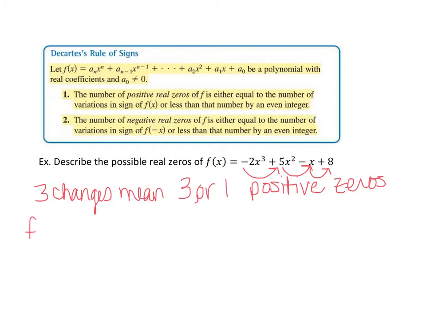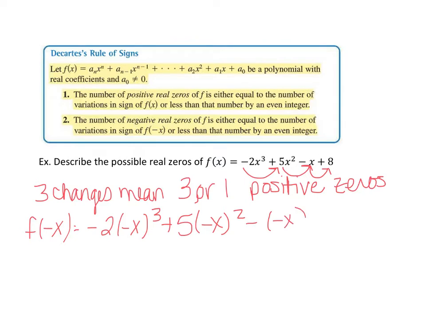Now I look at f of negative x to figure out how many negative zeros I'm looking for. First, I've got to substitute that in there. And what happens when you cube a negative? It's going to stay negative, so this is actually going to become a positive 2x cubed.